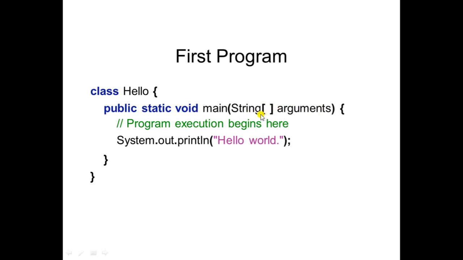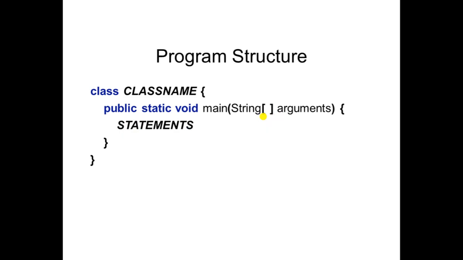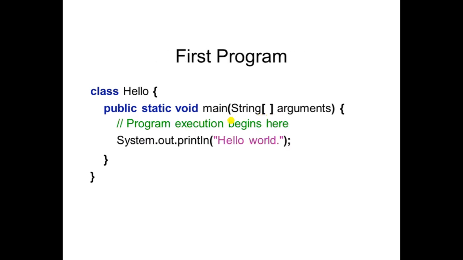So the square bracket means that it is a collection of something. Again, we are going to discuss in detail what arrays are and how you can create an array. That is another part. Okay. Then this is the basic syntax. You have to follow it.